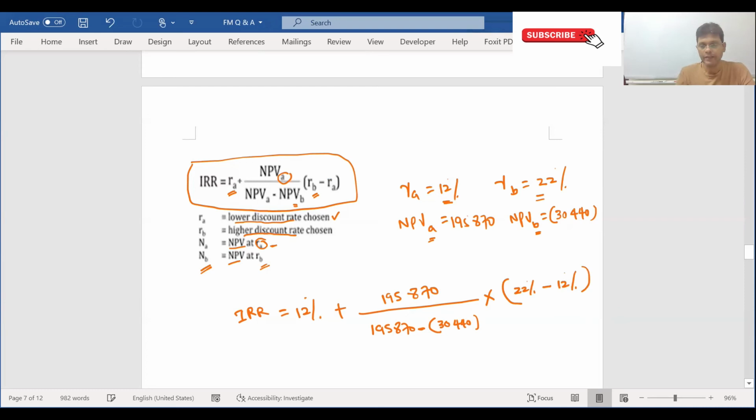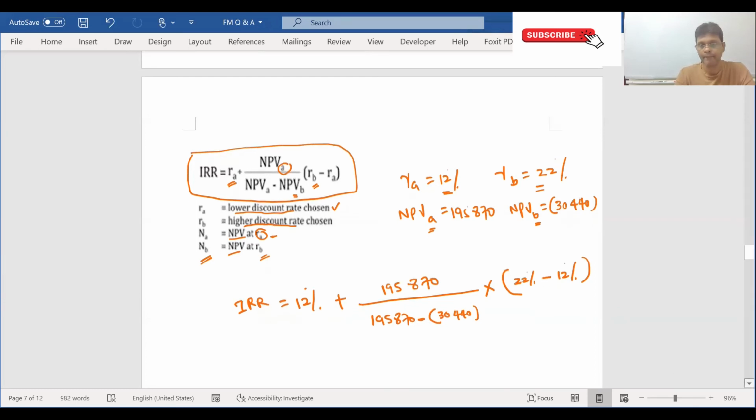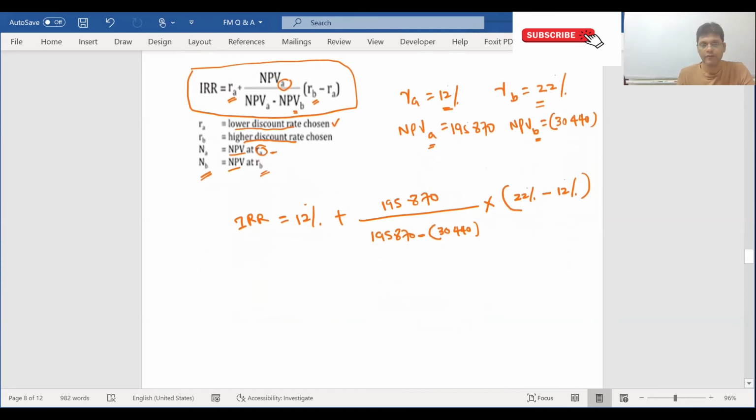Then we have 12% plus, when you simplify this, 195,870, minus times minus, it's your mathematics, it will become plus. So therefore, we need to add these two figures.